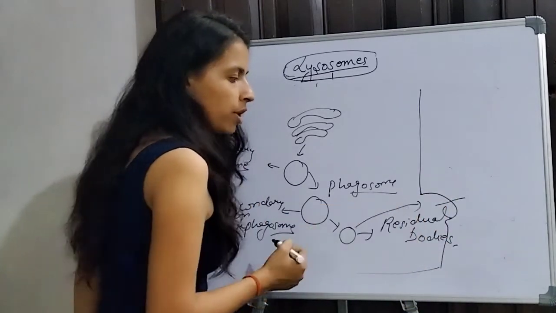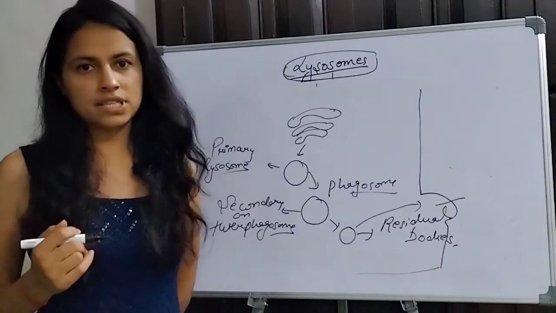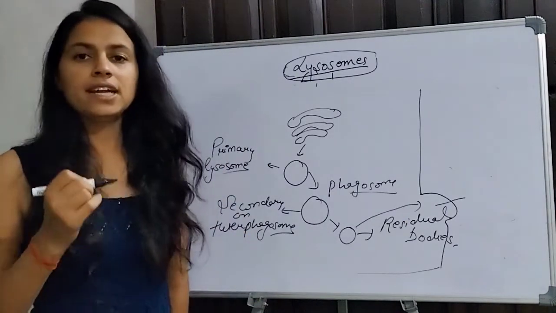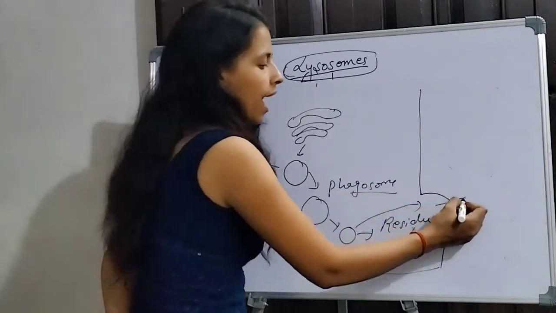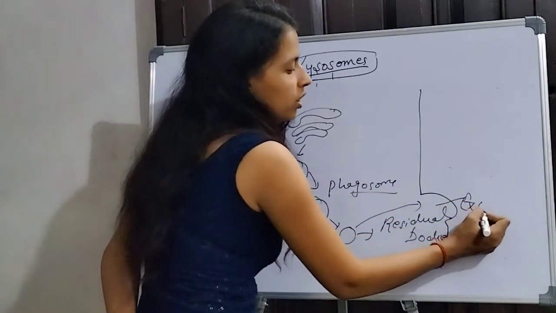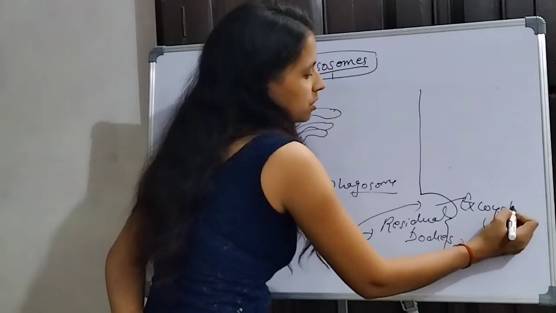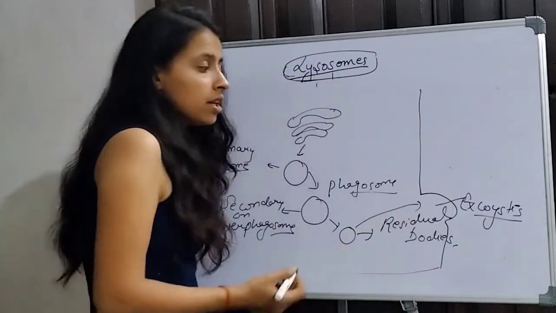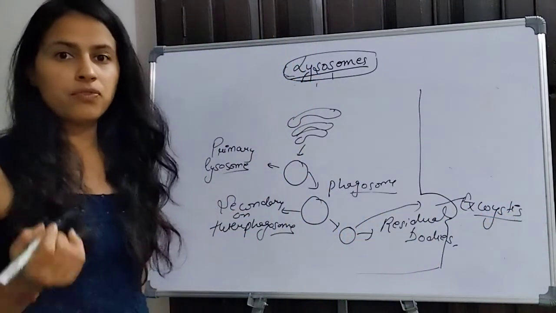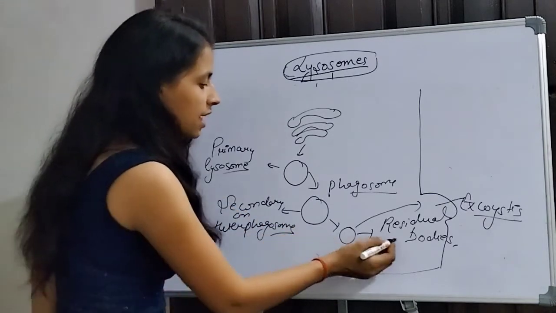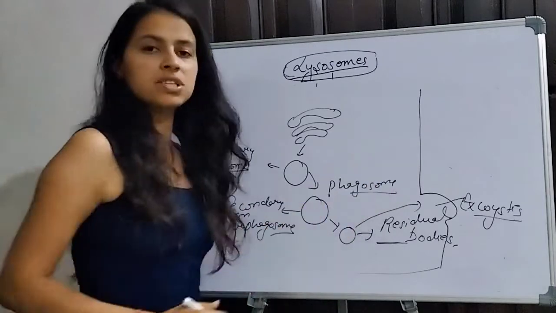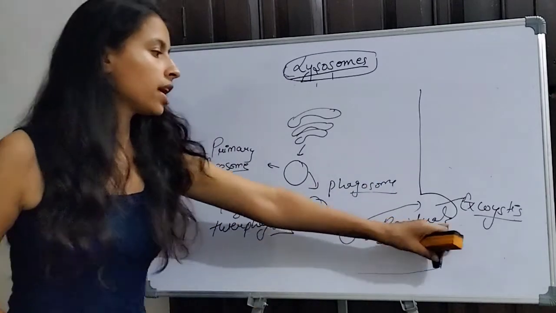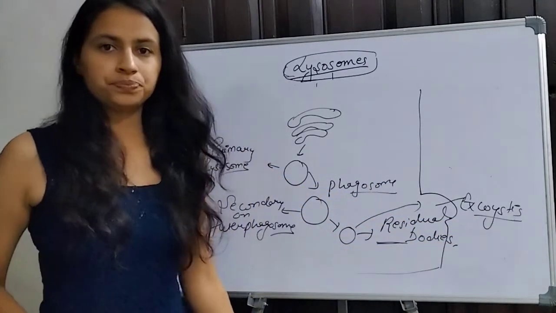These residual bodies are thrown out because they contain indigestible substances. Exocytosis is performed when the residual body fuses with the plasma membrane and is thrown out of the cell.